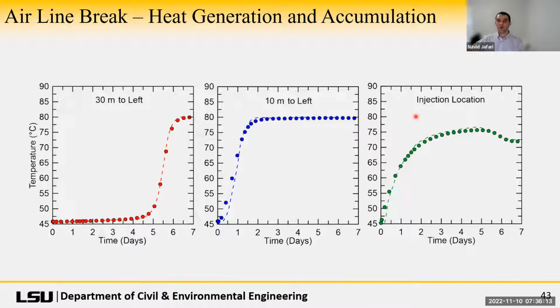And I think that's because the cool air is mixing with the heat being produced nearby. Now, as you get farther away from the injection location, that cool air is no longer there, and you're going to reach 80 degrees C quite quickly, over a day. And then 30 meters to the left, you still get to the 80 degrees C, but it just takes about 5 days for that air to really propagate to 30 meters away.